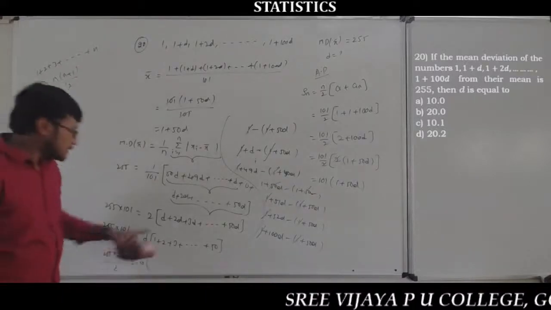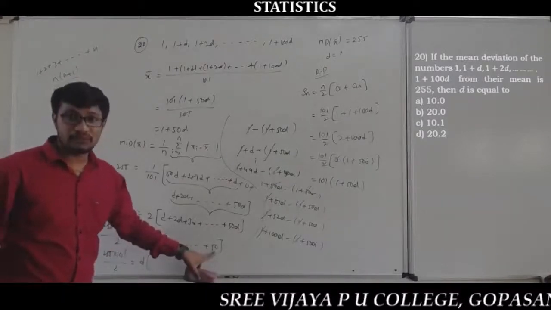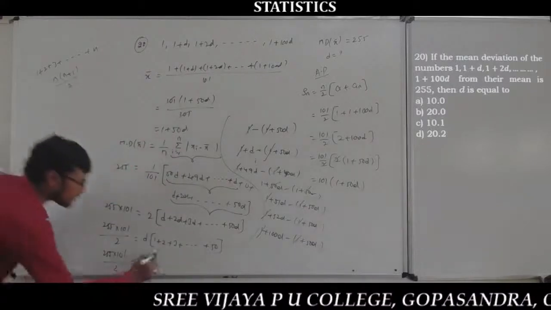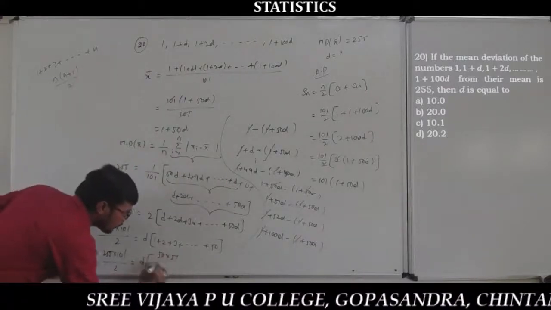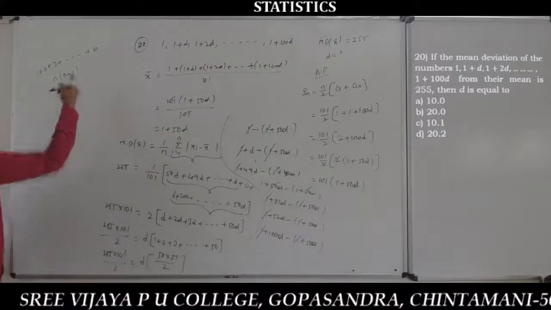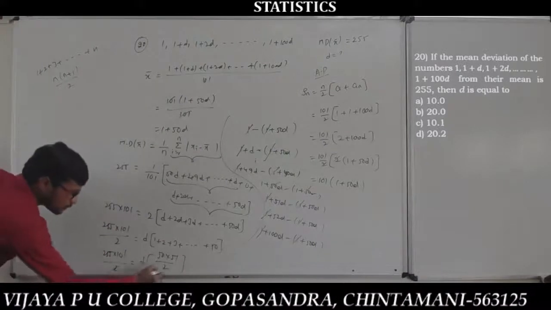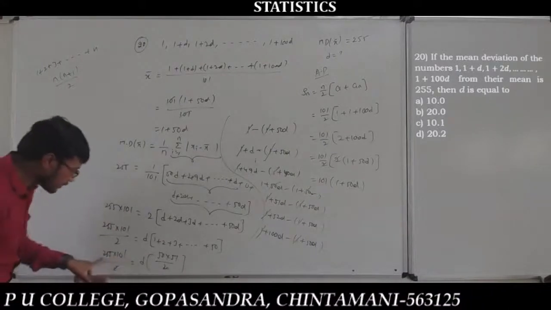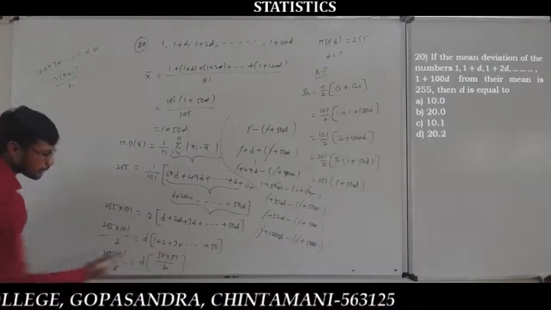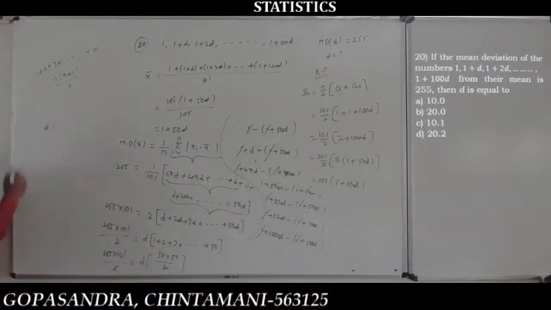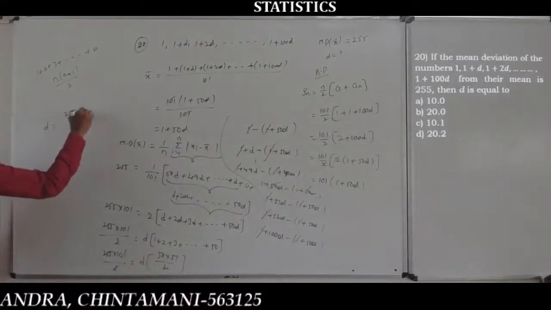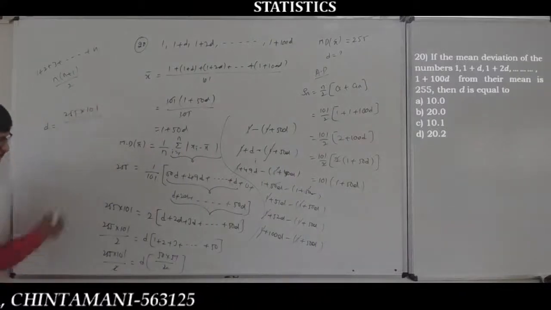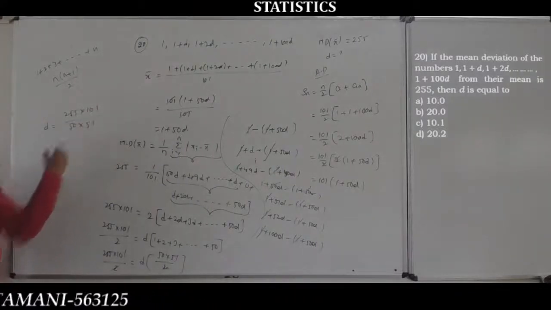How many natural numbers are there? 50. So the formula is 50 into 50 plus 1, 51, divided by 2. This 2 gets cancelled. What is remaining? 255 into 101 equals d into 50 into 51. So d can be taken as 255 into 101 by 50 into 51.